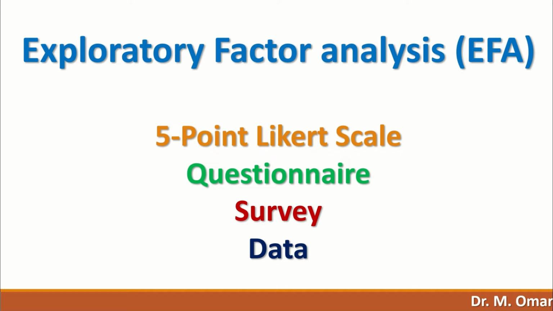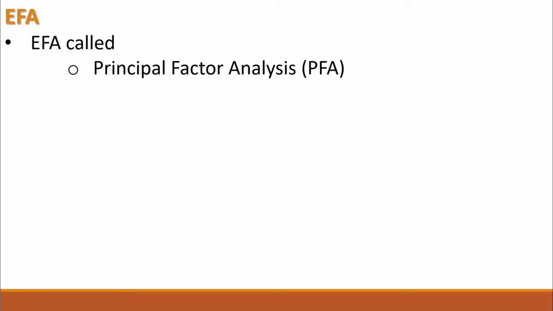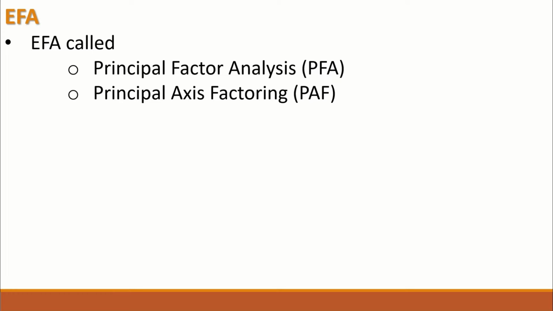Exploratory Factor Analysis, abbreviated as EFA, for analysis of data that is taken from a questionnaire or a survey. EFA is also called Principal Factor Analysis, PFA, or Principal Axis Factoring, PAF.